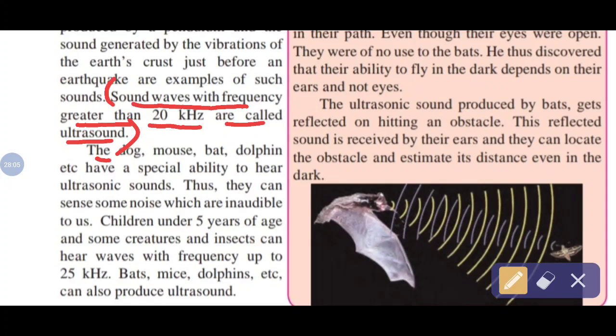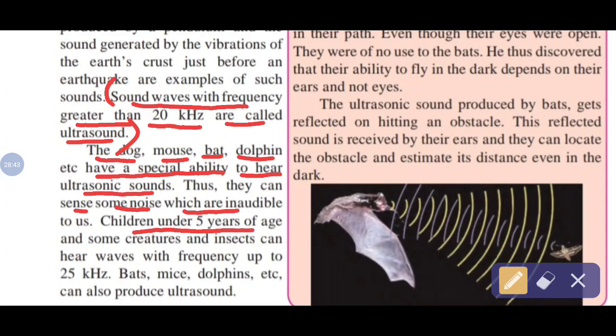Examples are given here. The dog, mouse, bat, dolphin, etc. have a special ability to hear ultrasonic sounds. Remember this. Thus, they can sense some noise which is inaudible, not audible to the human ear, but these animals hear this ultrasonic sound.